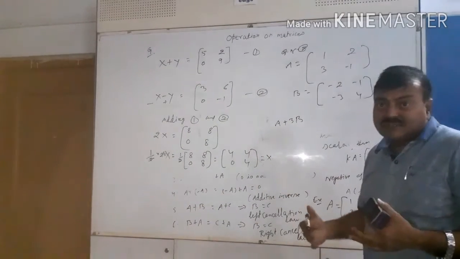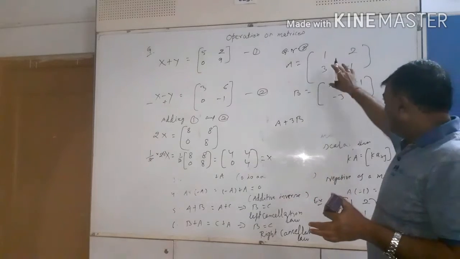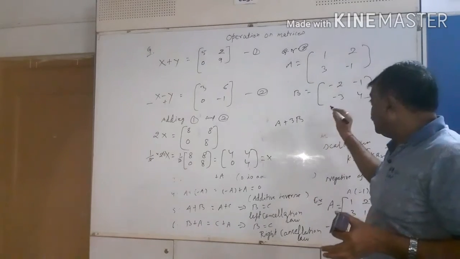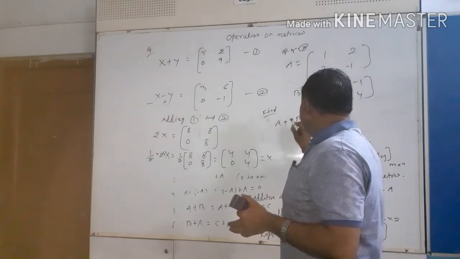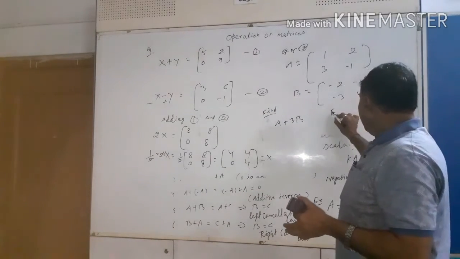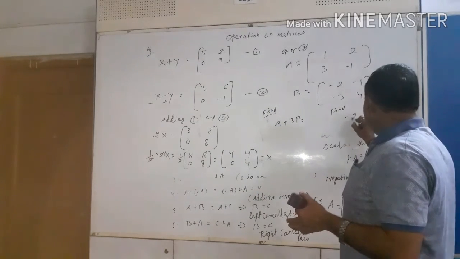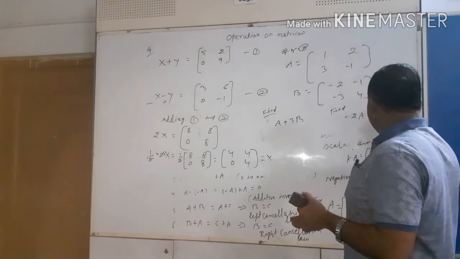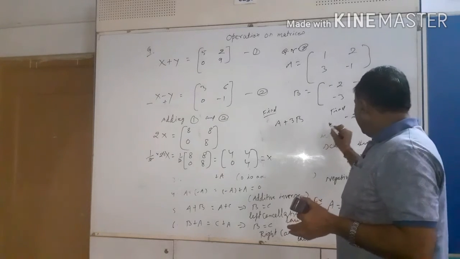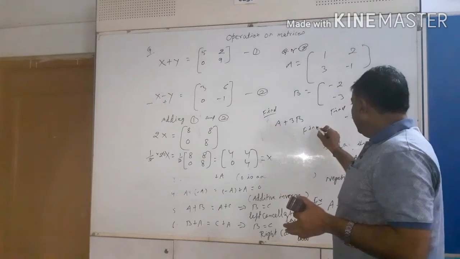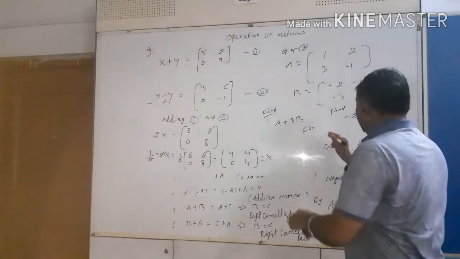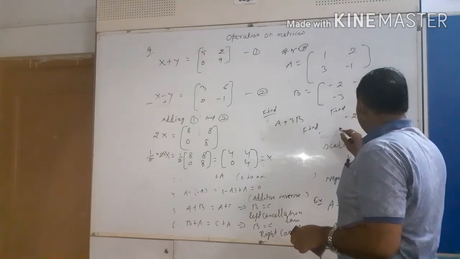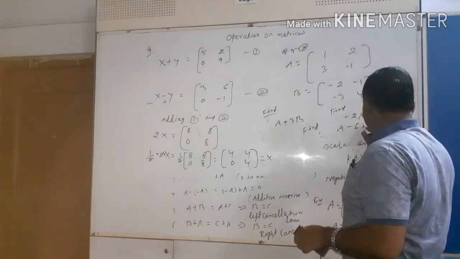So many questions can be constructed by these two methods. Suppose you have to find A plus 3B. Again, find minus 2A plus 4B. Find A minus 6B.